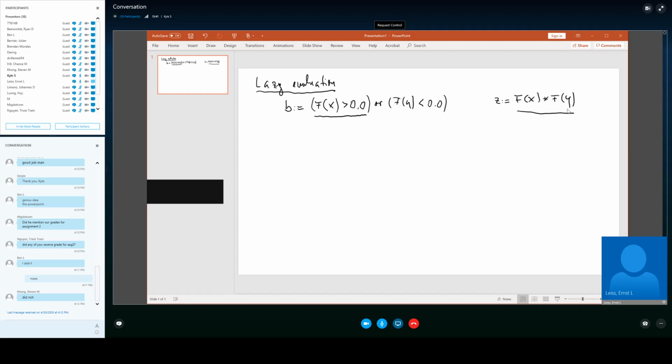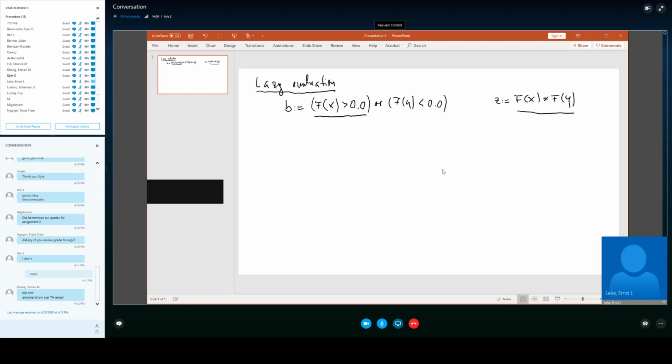Then in this case the arithmetic expression obviously is f of x times f of y, and you will get both evaluations. In the Boolean expression, however, it is very common that a good compiler will do lazy evaluation.